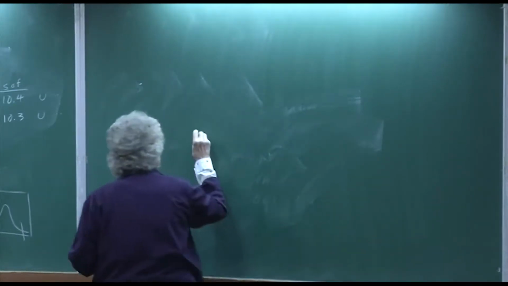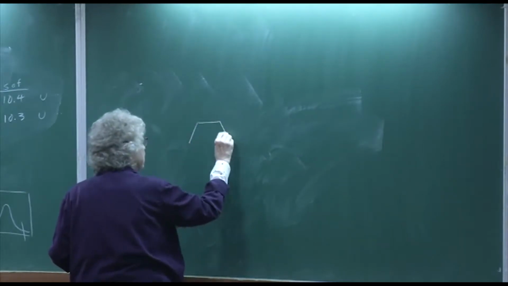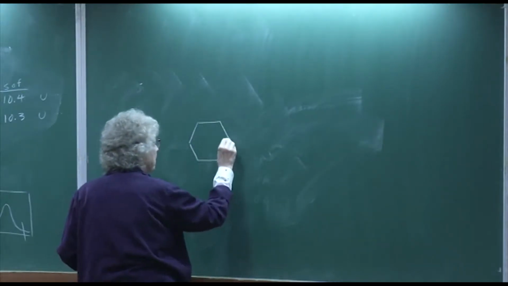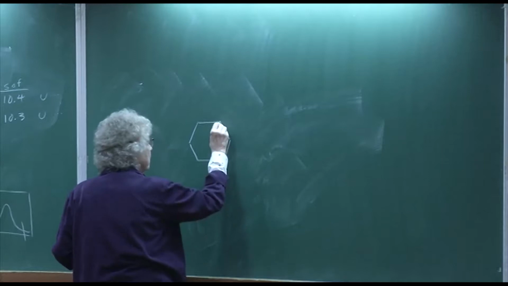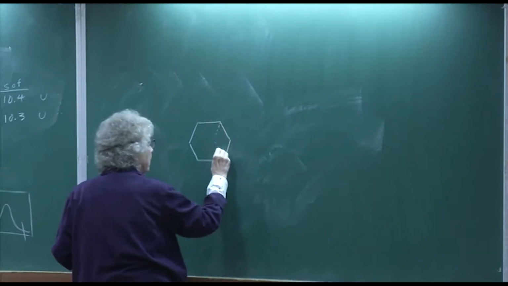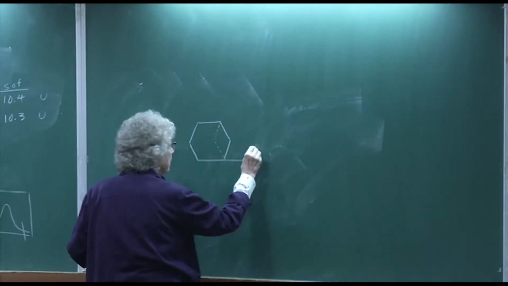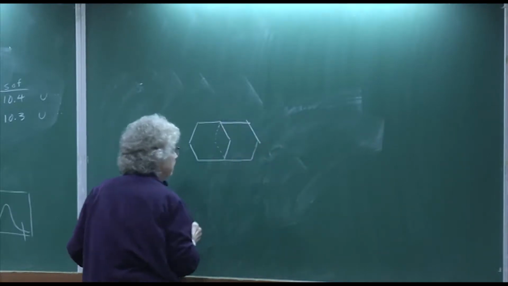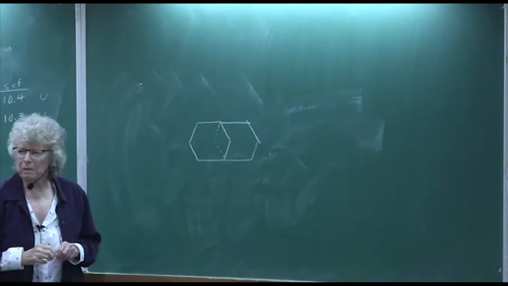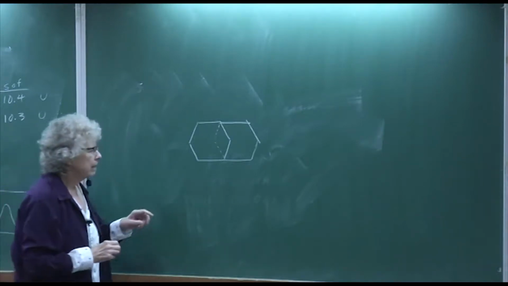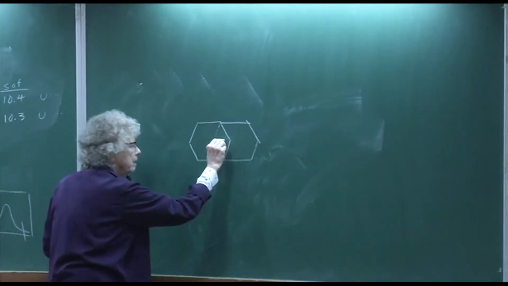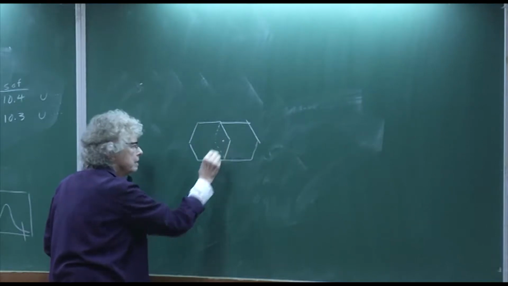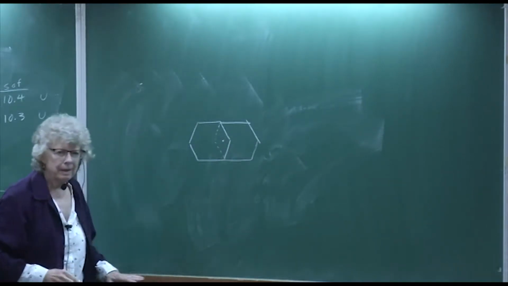Okay, let's say you have a benzene. You see in the difference map, it looks like this. And then you also see something that looks like this. Have you ever seen that before? So this might be a twofold axis, or it might be a center of inversion.